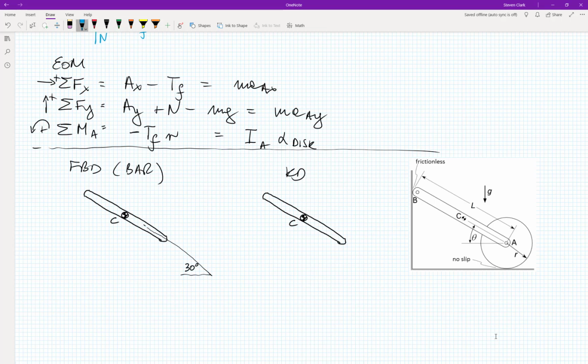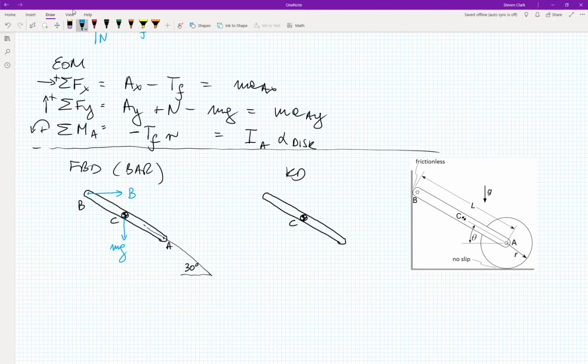Okay, so what forces act on our bar? mg, definitely. We have a reaction force also at point B, at this point. And that reaction force will be vertical, because that surface is frictionless. That's why there will be no horizontal component there.